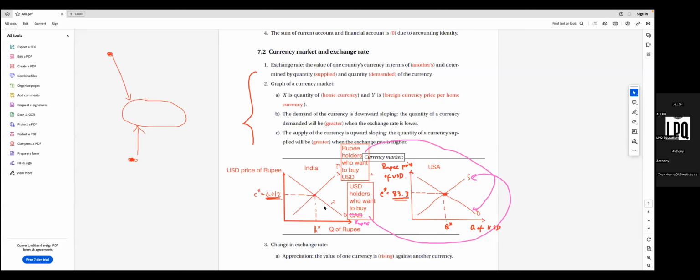Just like in macroeconomics, how we price apple, banana, bubble tea, it is still by the intersection of the supply curve and demand curve, through a negotiation between suppliers and those who demand the product. We can find the USD price of rupee and the rupee price of USD.